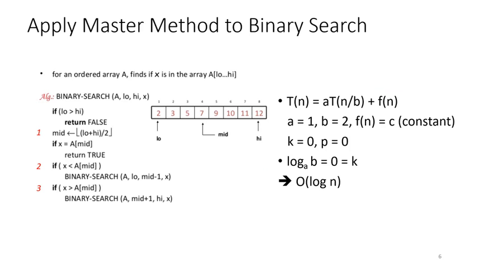So let's apply the master method to binary search. I have reiterated the binary search algorithm again in this slide, but you can see there are three markers, 1, 2, and 3. Marker 1 shows the division for the divide and conquer algorithm.